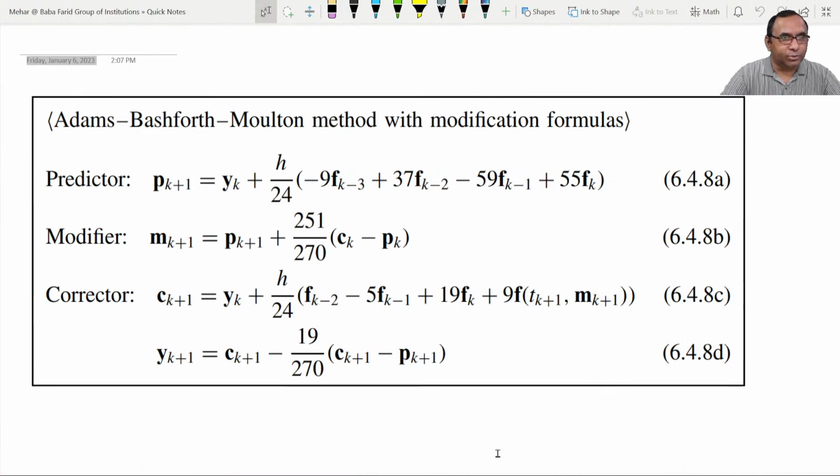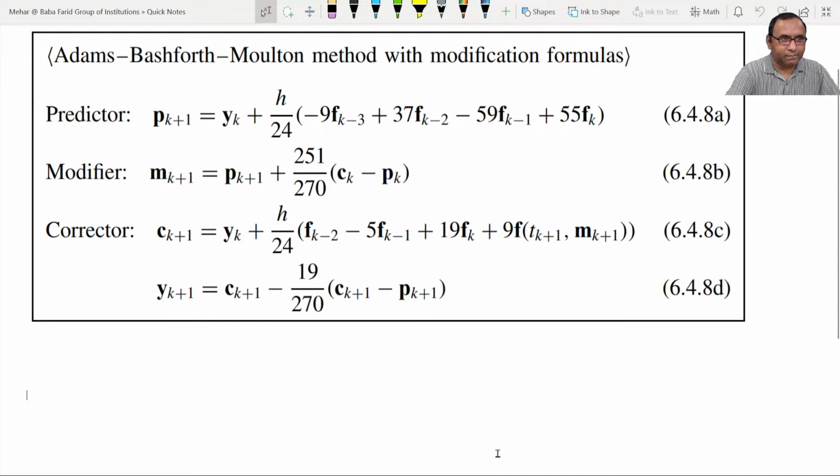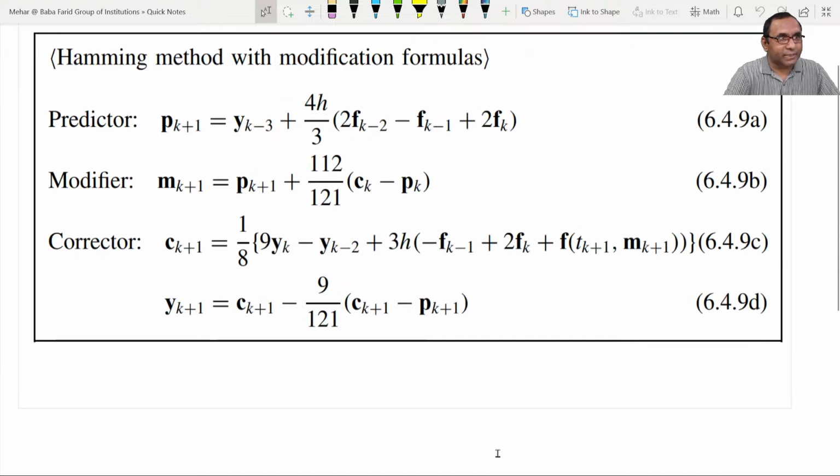So today in the session, we are going to discuss three methods. Sorry, there will be two methods: one is the Adams-Bashforth-Moulton method, and the second one will be the Hamming method with the modification formulas.